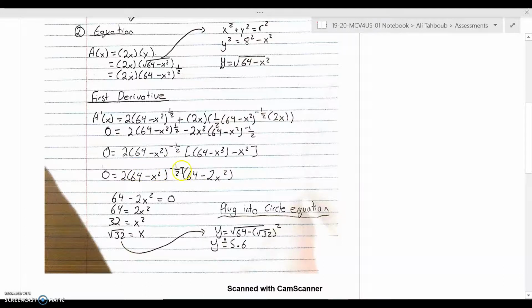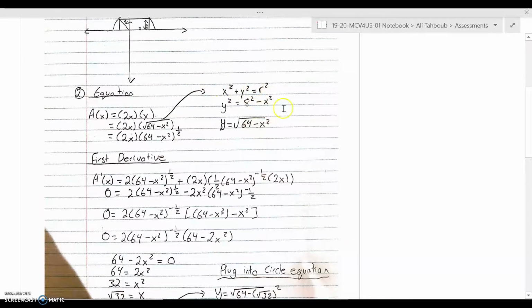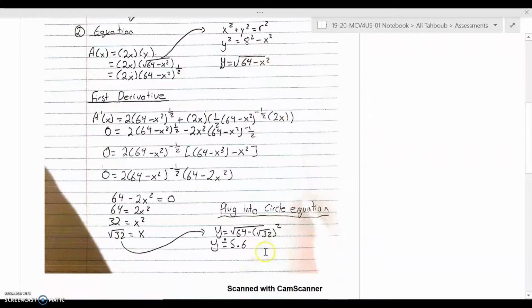So I moved on to this part of the equation, which is 64 minus 2x squared, and I found that for it to be 0, x has to be the square root of 32. After we found x, I plugged it into the original circle equation to find y, and solved for y, and now we have the maximum x and the maximum y.